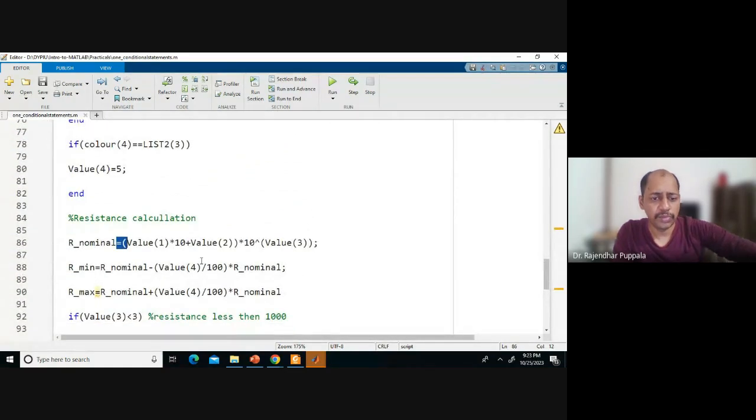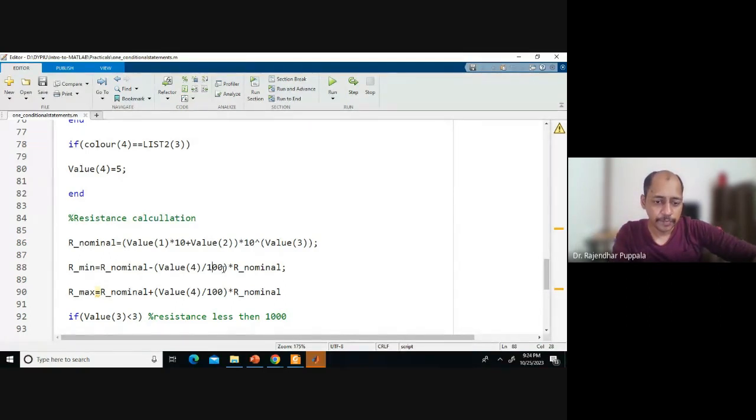So this is the formula: value 1 into 10 plus value 2, and we are closing the brackets till here, into 10 to the power of value 3. So this is the main formula. And what is the range, sir? In the range, R minimum is equal to R nominal minus value 4 by 100, into R nominal. Value 4 is the value related with the fourth band, okay?